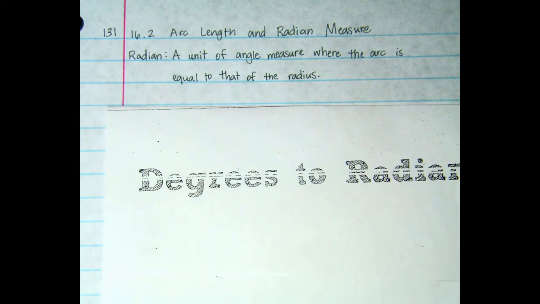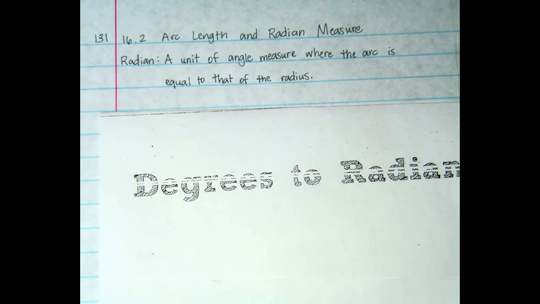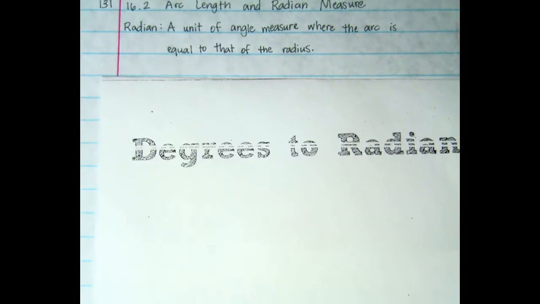So first we're going to convert from degrees to radians, then radians to degrees. The formulas that we're going to write down, you do not have to memorize because they are on your formula sheet.